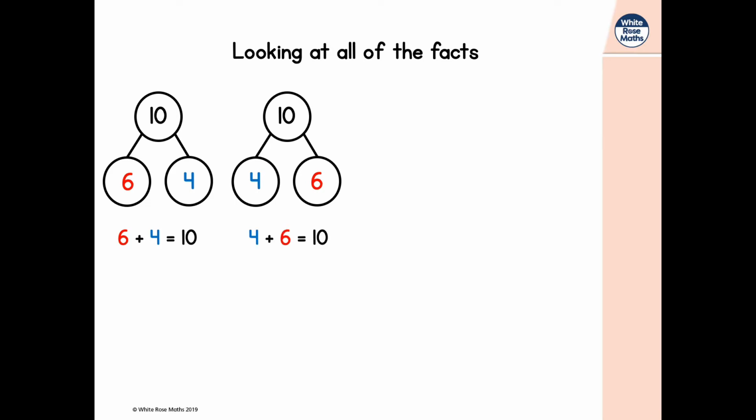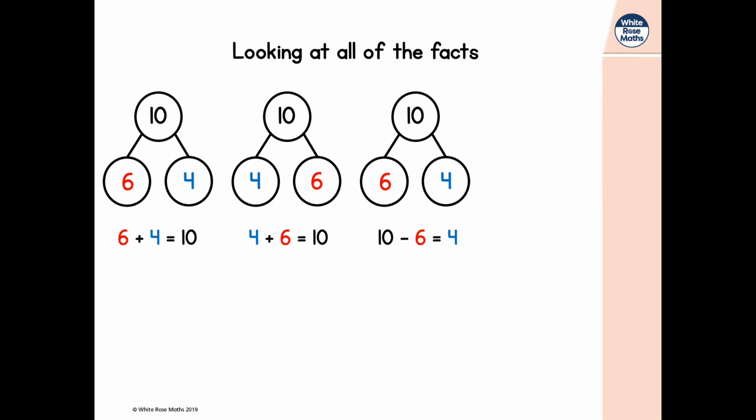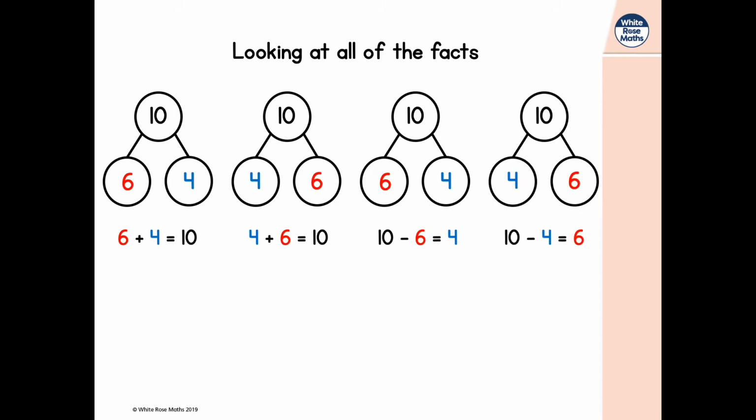Then we made 4 plus 6 equals 10. And then we moved on to subtraction and said 10 subtract 6 equals 4. And finally, 10 subtract 4 equals 6. We have 4 facts, all in a fact family.